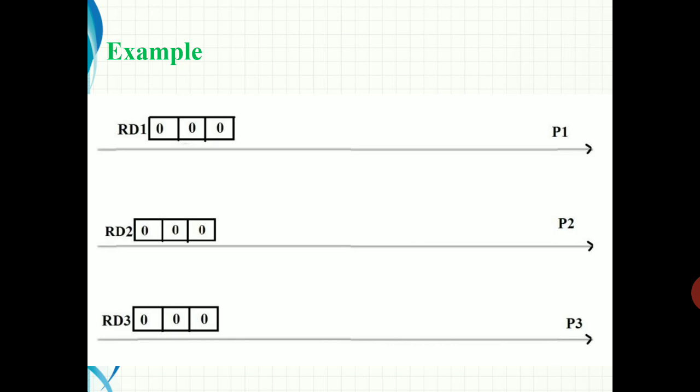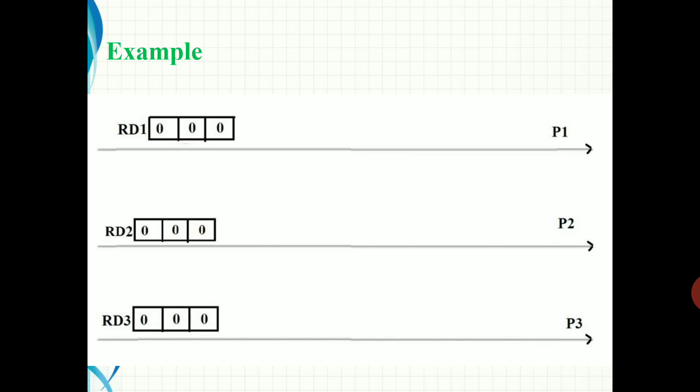Consider one example to understand the working of the RICART-AGRAWALA algorithm. Here, the system contains 3 processes, P1, P2 and P3. Each process contains a request deferred array, numbered request deferred array 1, 2 and 3.